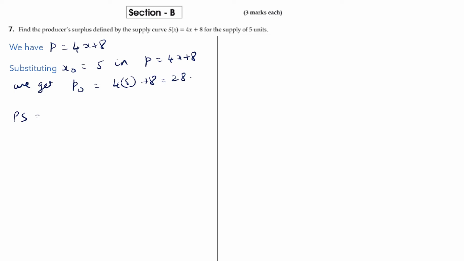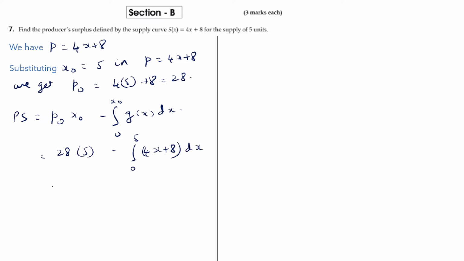Now the producer surplus is given by P naught x naught minus integral 0 to x naught g of x dx. So P naught is 28 and x naught is 5, minus integral 0 to 5 of the supply curve 4x plus 8 into dx.